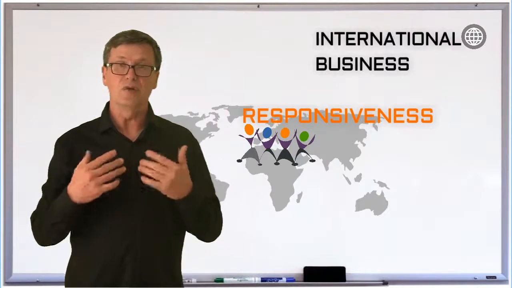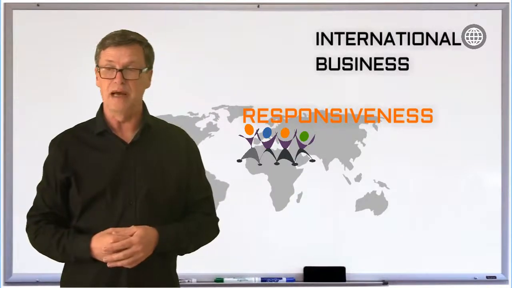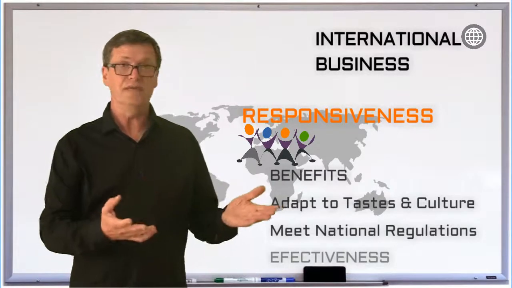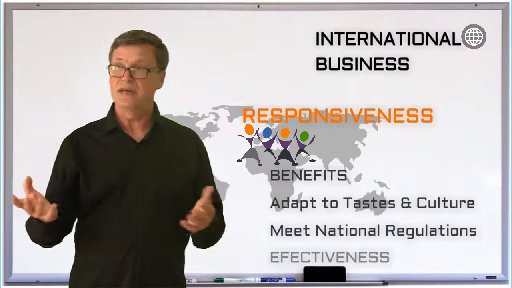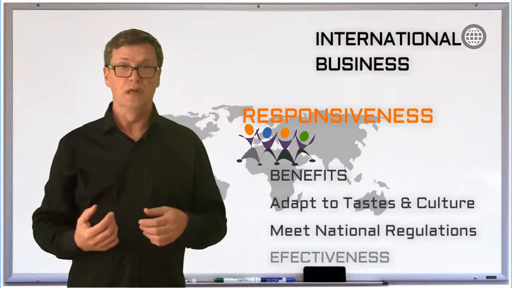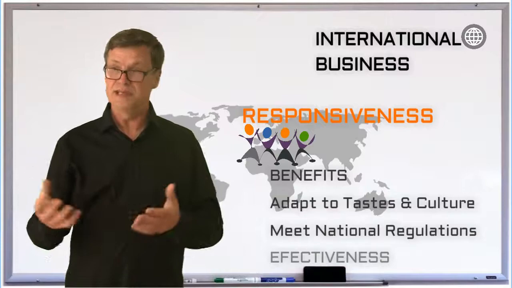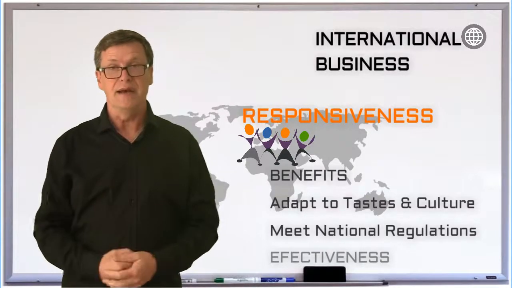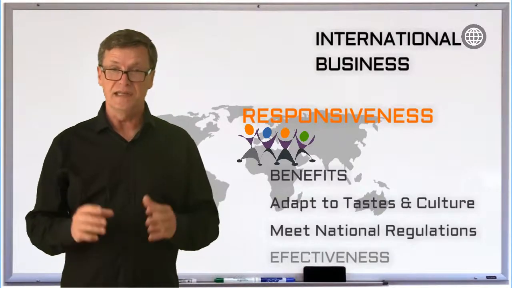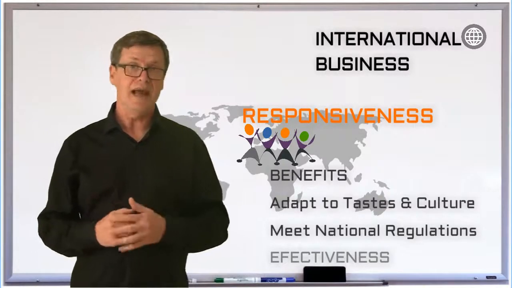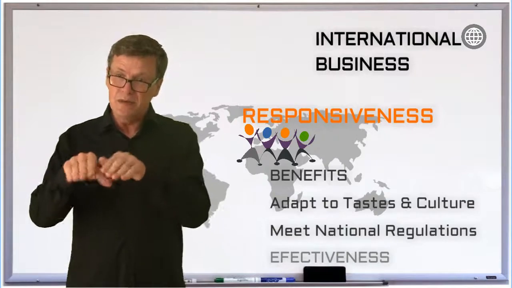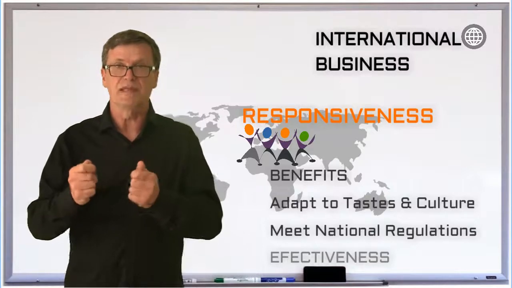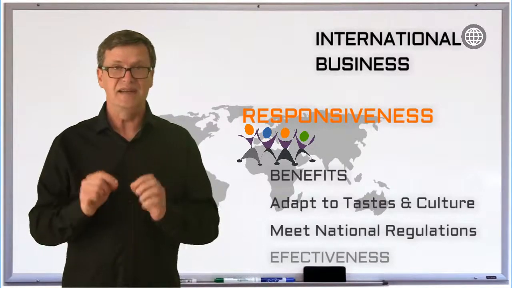The need for local responsiveness might be determined by consumer differences in each market, cultural differences, history of a country or their national heritage, local government policies, business regulations, competitive conditions in the marketplace, and other factors. In some cases, a company might have to better meet those local needs on a market or increase their responsiveness in order to be effective on that market.